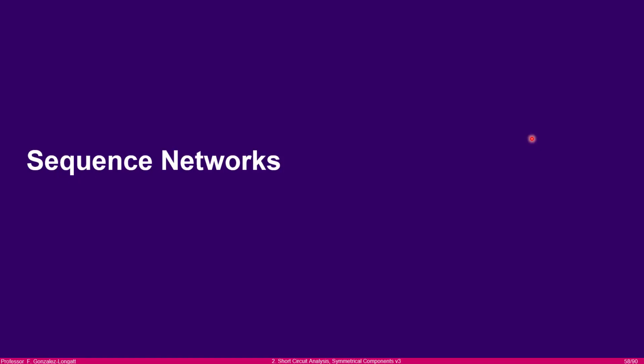But another concept that I need my students to understand is the concept of sequence networks, okay? I said to you that every single device has a model, and this model represents the behavior of the component at positive sequence, negative sequence, and zero sequence, okay?